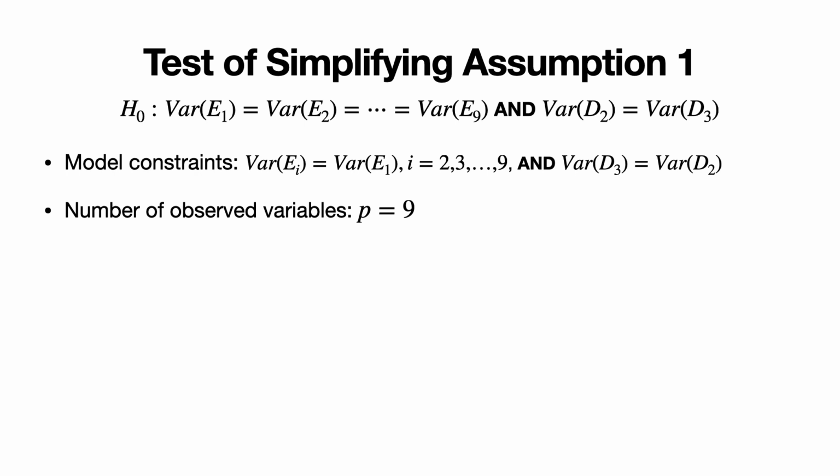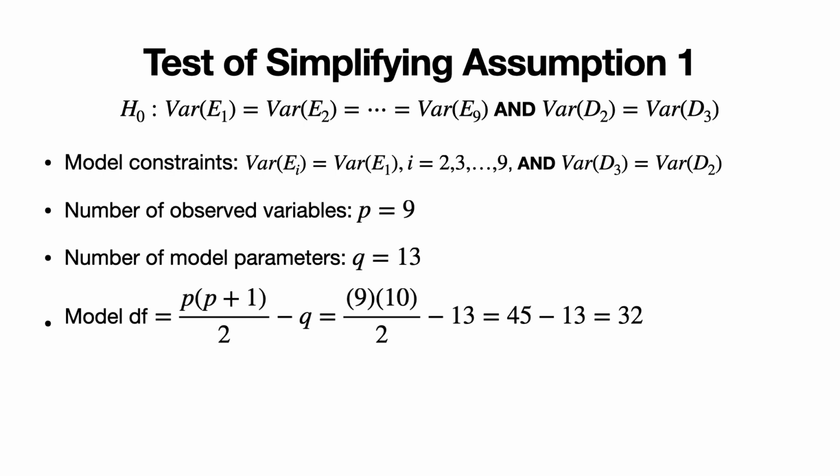There are still 9 manifest variables in the model. The number of model parameters in this case is 13. The number of model degrees of freedom is 45 minus 13, or 32.